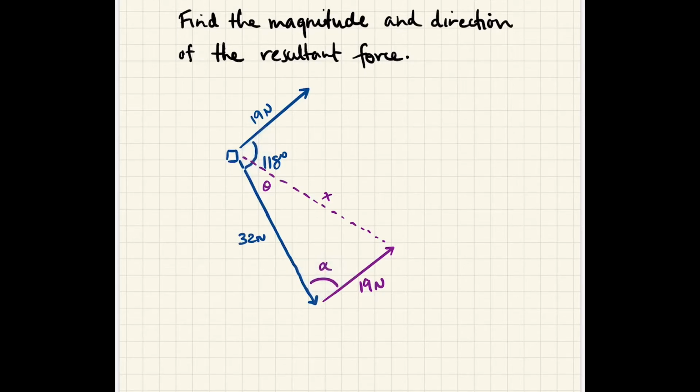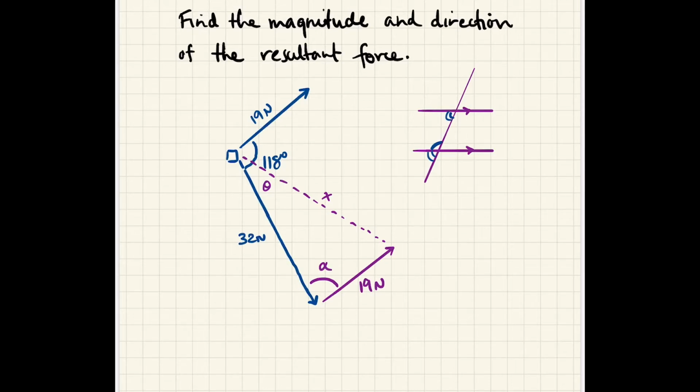This is an old theorem from geometry. If you have two parallel lines and a line between them, called a transversal, then this angle right here is supplementary to that angle right there, meaning they add up to 180 degrees.